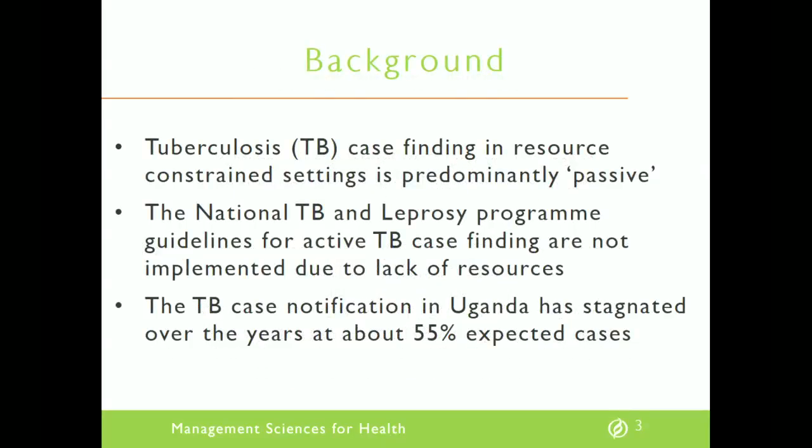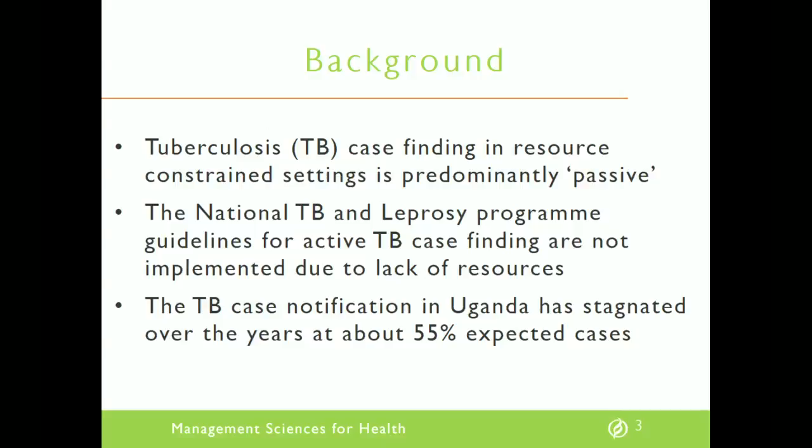So very briefly for the background, I think we have been discussing TB case finding in resource limited settings, and the finding that it is predominantly passive case finding, relying on self-reports and patients showing up. In Uganda, as a result of this, we note from the prevalence surveys that only about 55% of expected cases are being picked up.